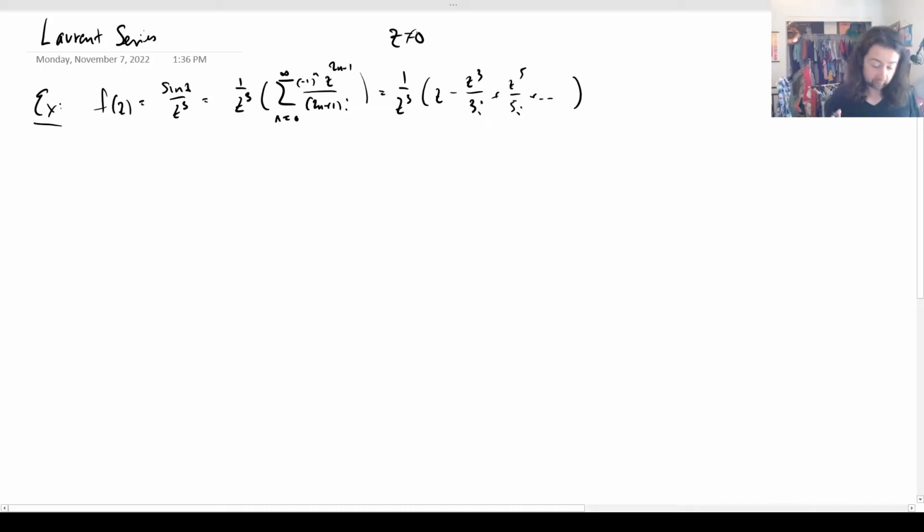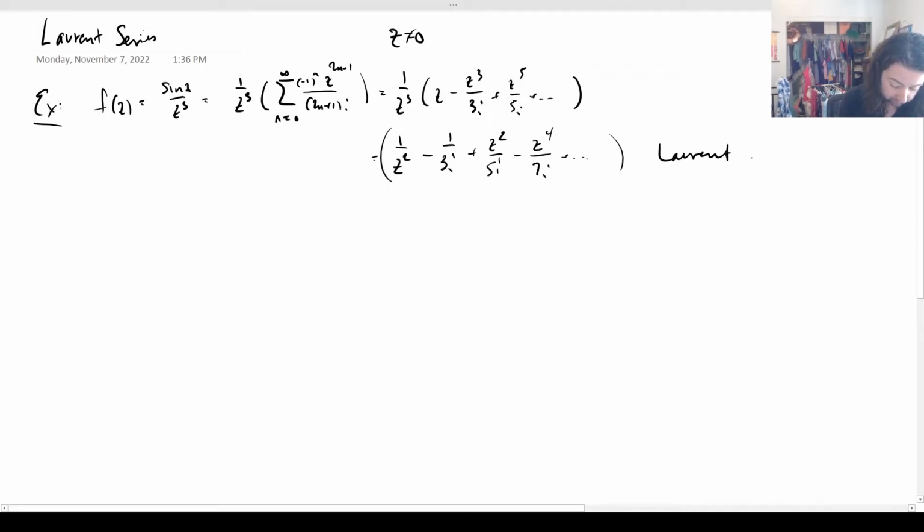Everything converges. And so we can multiply this in, and we get a series that looks like this. So we have a 1 over z squared minus 1 over 3 factorial plus z squared over 5 factorial minus z to the fourth over 7 factorial, and so on. And this thing is called a Laurent series.